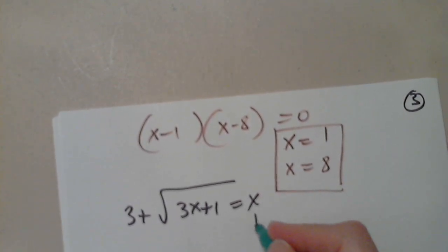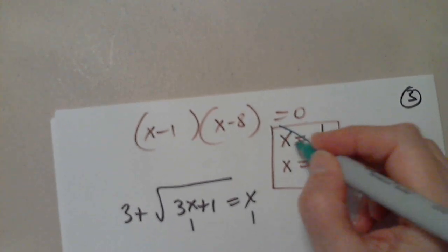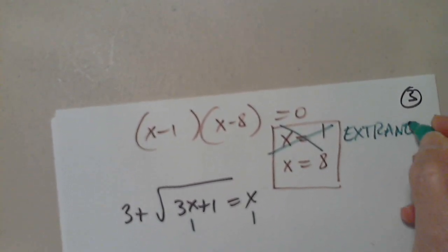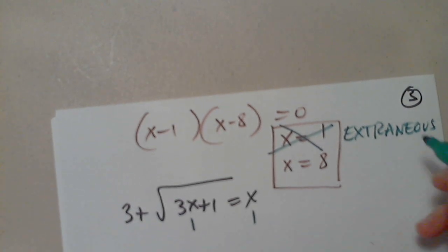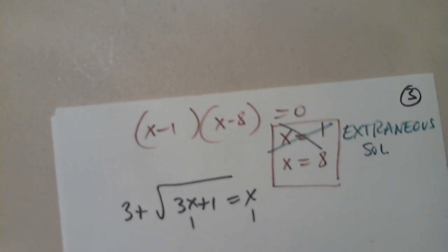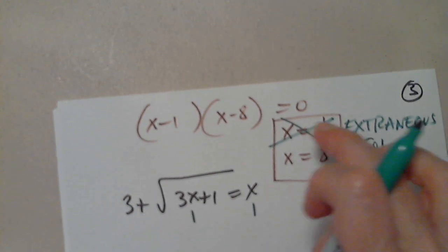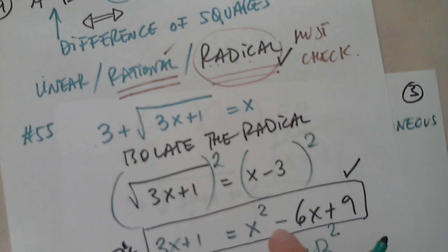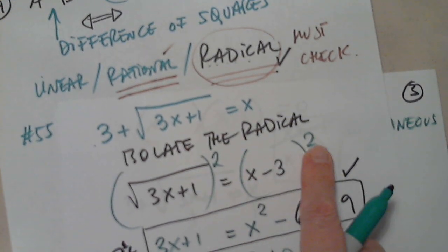Okay, so I'm checking 1. I know that 1 is not going to work. It's not possible. 3 plus a positive number cannot be 1. This is called extraneous. Extraneous solution. It doesn't work. It's okay here. It works here with the 1 with a square.